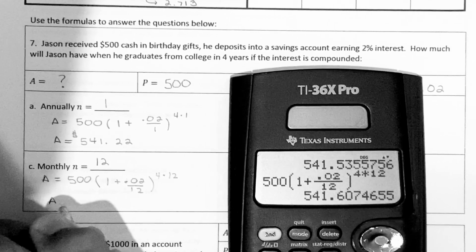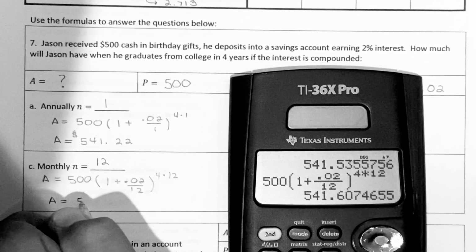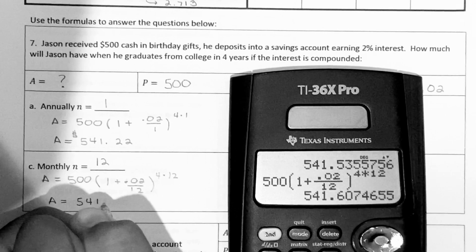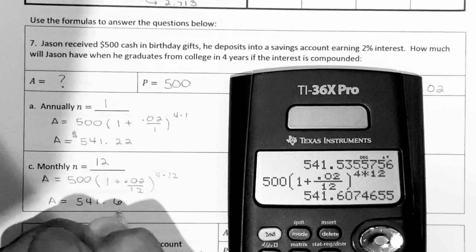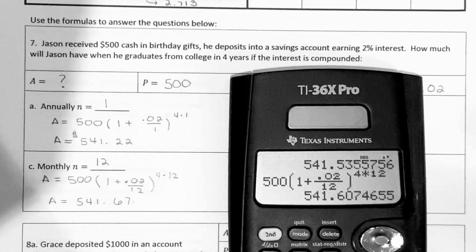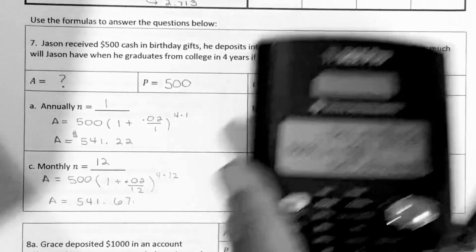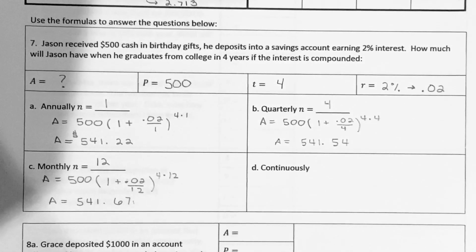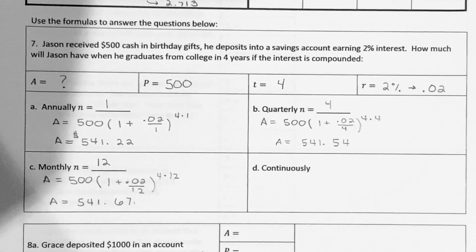So again, it was slightly higher. In this case, it doesn't really matter. It's not making a huge difference. But if you had millions in the bank, then it would be a significant amount. $500 isn't really that significant, so it's not making much of a difference between these 3. But if it was millions of dollars, then it would matter a lot more.